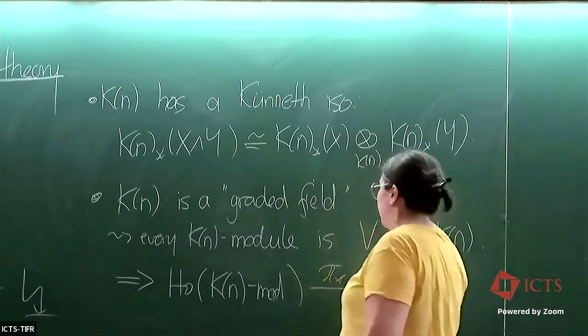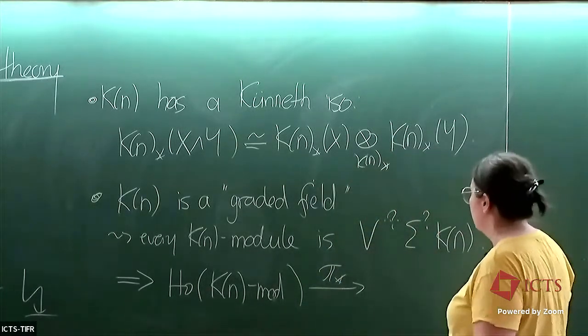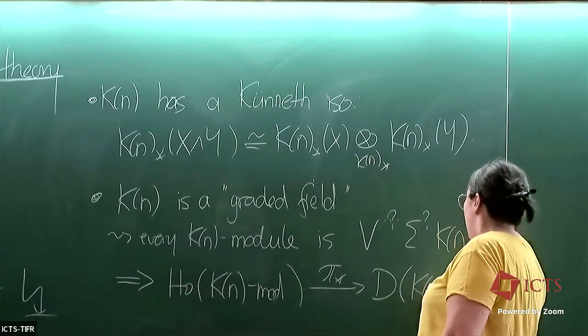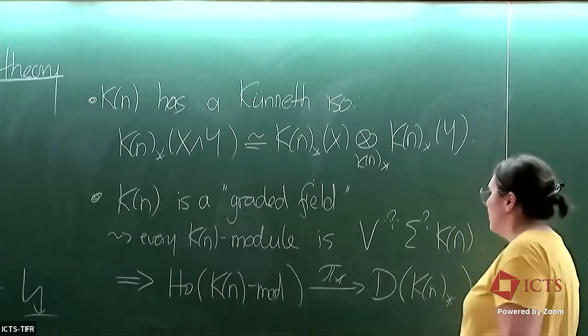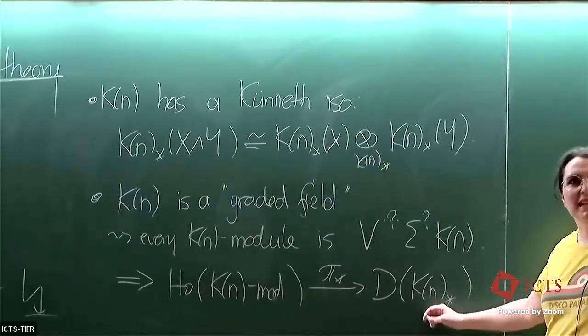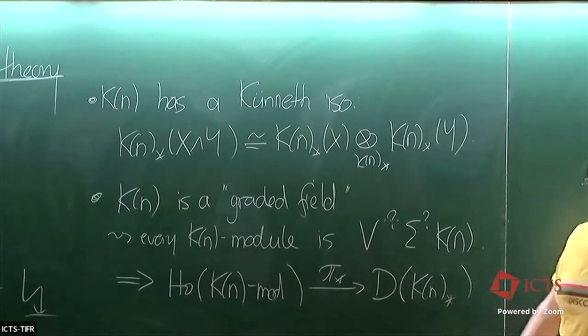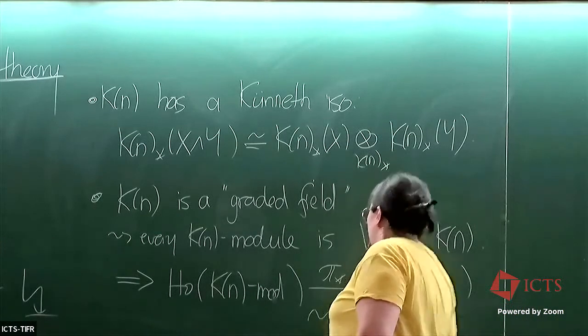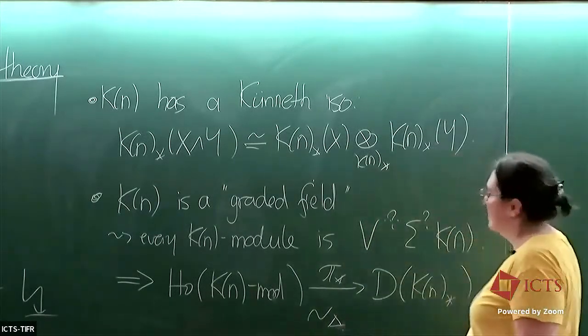I can just apply homotopy groups and get into the derived category of graded K_n star modules. So that's just a graded ring, and I can look at its derived category. And that is indeed a triangulated equivalence.